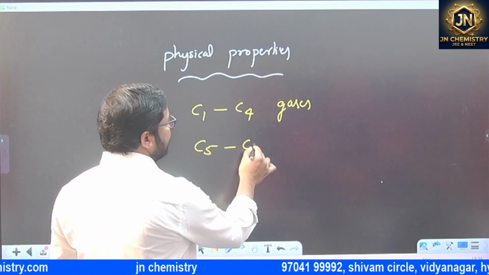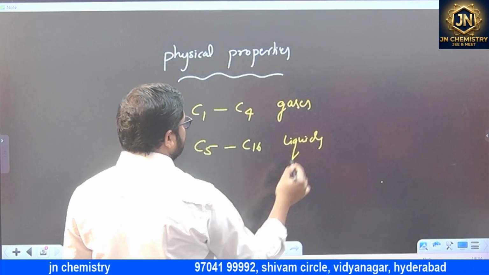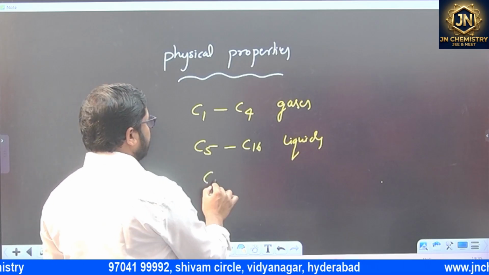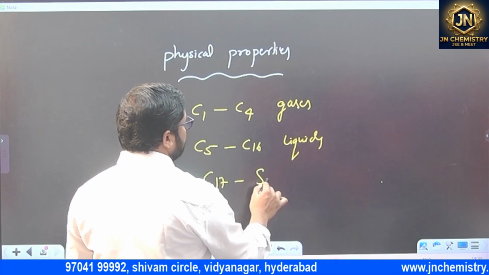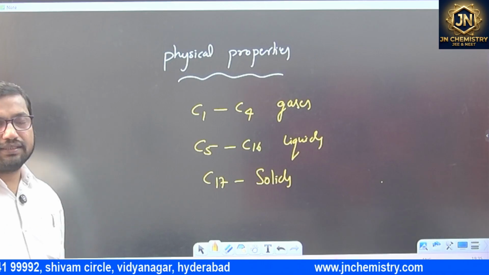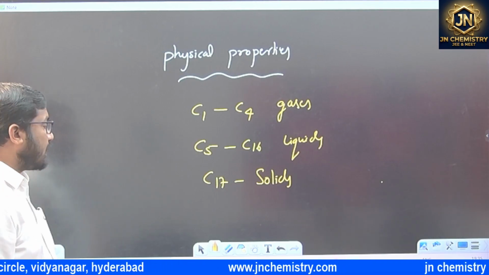C5 to C16 are liquids. C17 onwards are solids. So what are these?